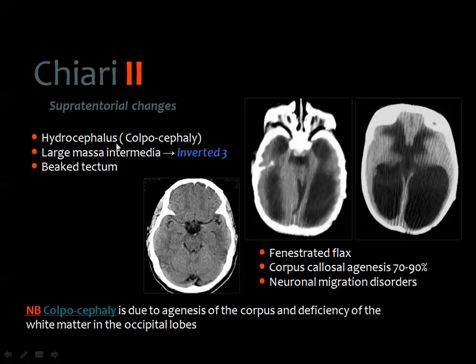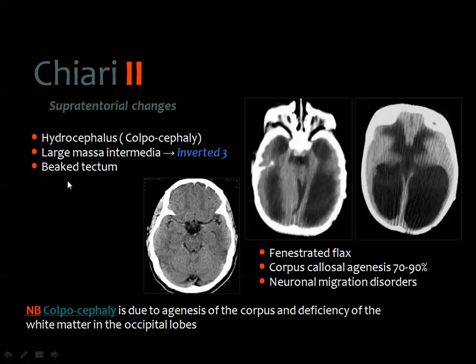Number two, hydrocephalus. And this hydrocephalus is characterized by one of the major manifestations known as colpocephaly. By colpocephaly, we mean that there is a marked discrepancy between the size of the frontal horn and the size of the occipital horn, which is very big compared to the frontal horn. This is known as colpocephaly.